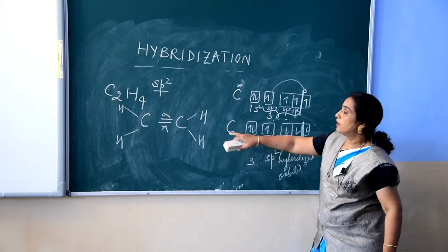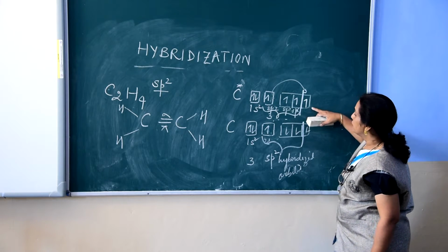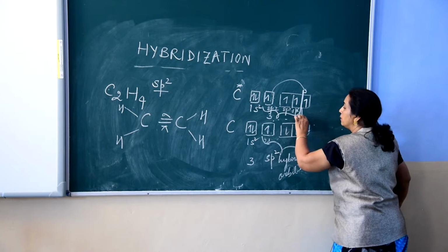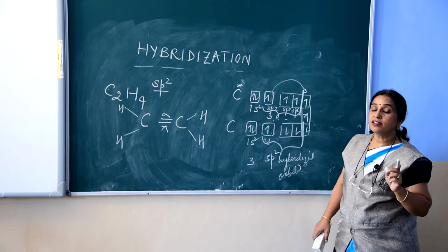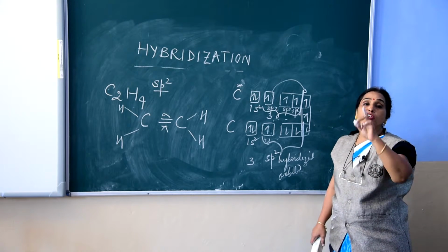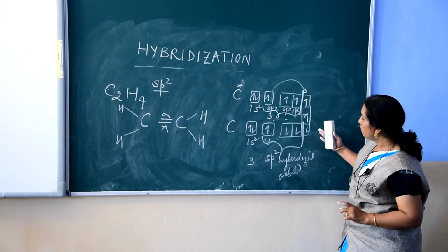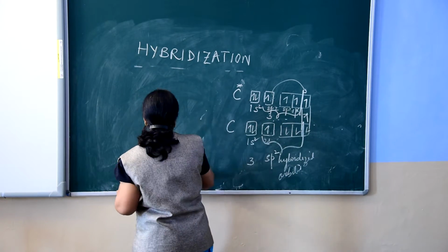One of the bonds between the carbons is a pi bond. Pi orbitals are not involved in hybridization, so their lobes will be fully intact. The same picture we can represent diagrammatically.